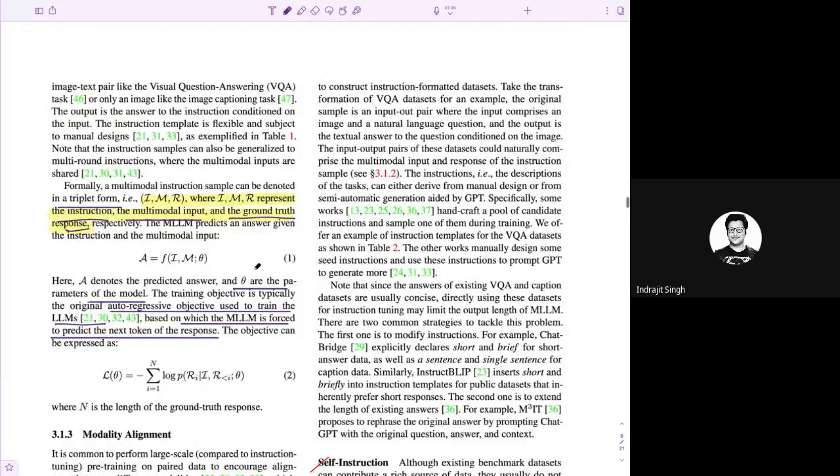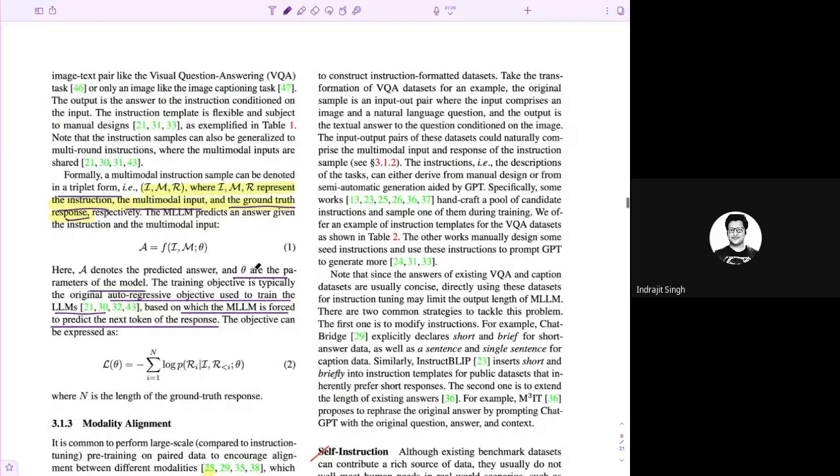Now it's saying that take the transformation of VQA. For example, the original sample is an input-output pair where the input comprises an image and a natural language question. The instruction, that is the description of the task, can either derive from manual design or from semi-automatic generation aided by GPT.